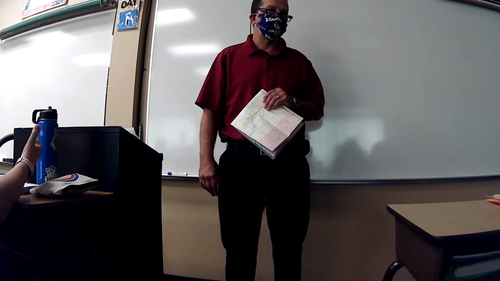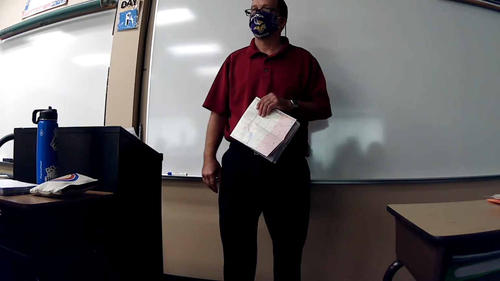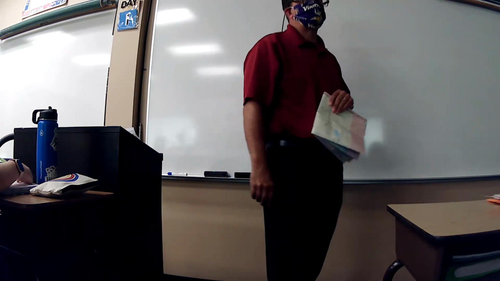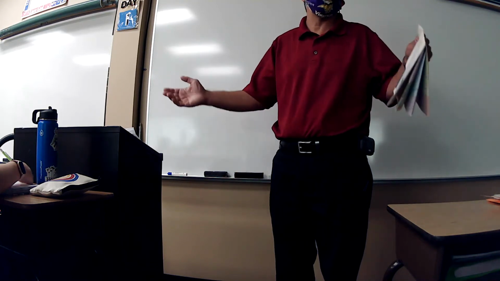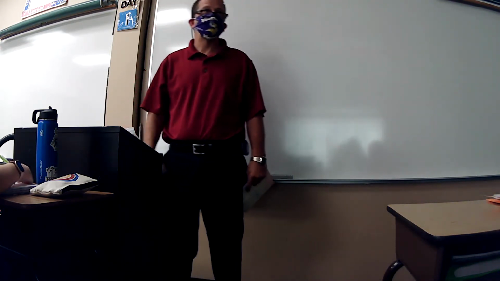Now what are the parts that you need to have on your map of home? A legend or key, explaining what your symbols mean. So you need to have some symbols on your map. A scale, and it should be fairly accurate.